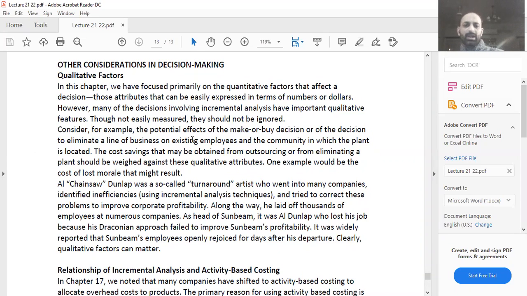Consider, for example, the potential effects of a make or buy decision, or of the decision to eliminate a line of business on existing employees in the community in which the plant is located. This is a qualitative factor which should be considered. The cost savings that may be obtained from outsourcing or from eliminating a plant should be weighed against these qualitative attributes. For example, what would be the cost of the lost morale that might result.